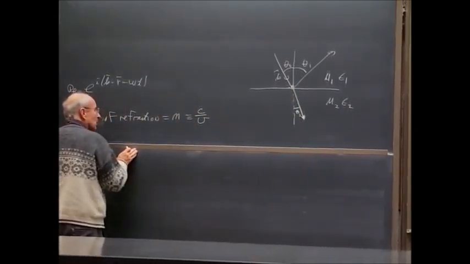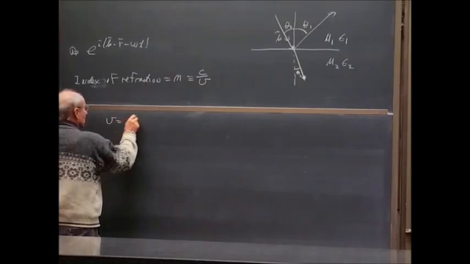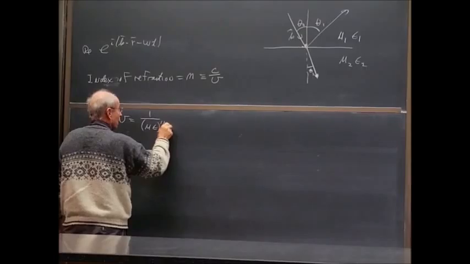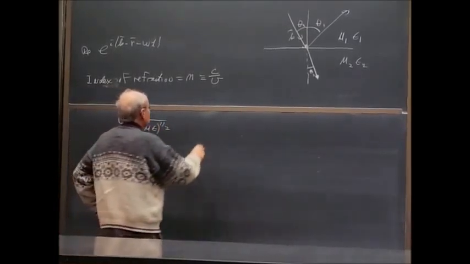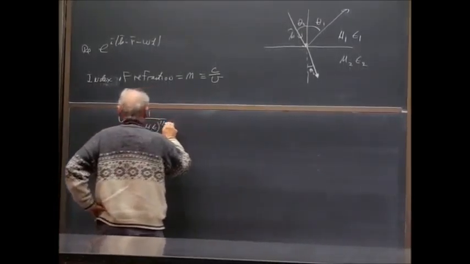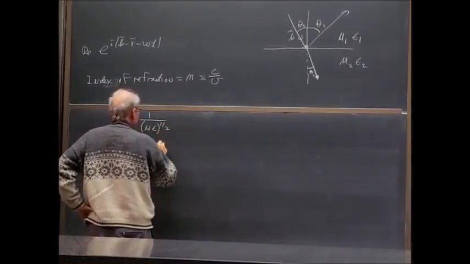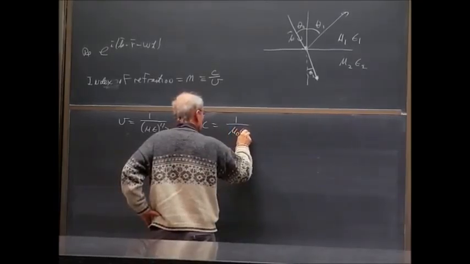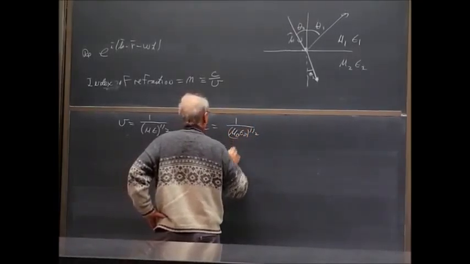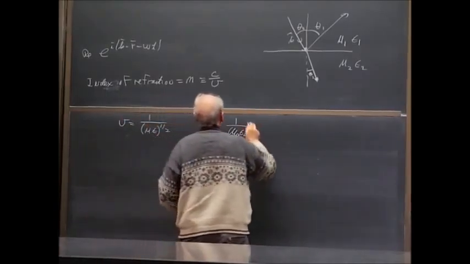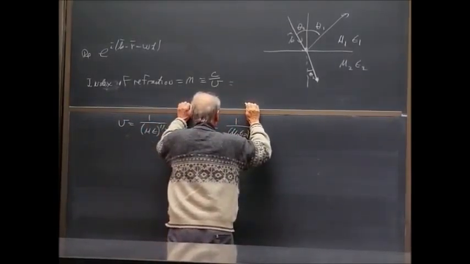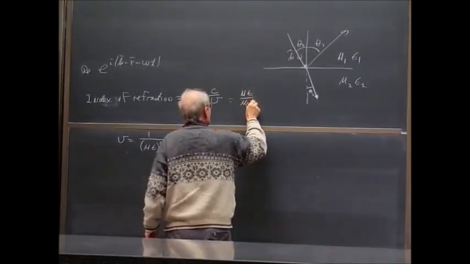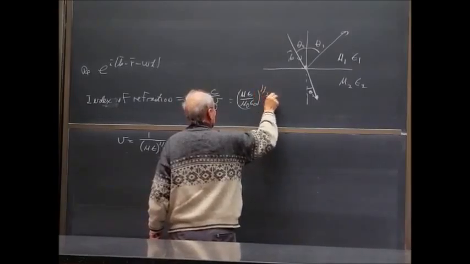Now, we've already discovered that v was 1 over the square root of mu times epsilon. So that means that c, which is 1 over the square root of mu 0 epsilon 0, then c over v is (mu epsilon over mu 0 epsilon 0) to the 1/2.